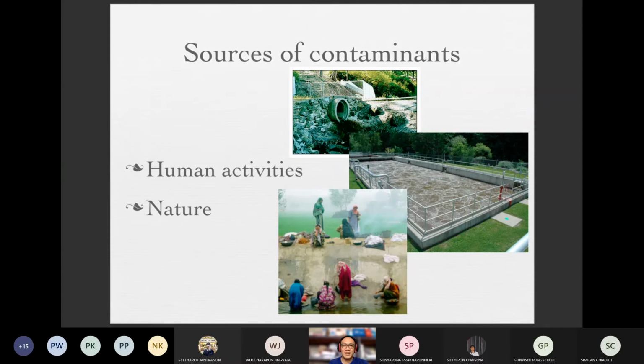For example, volcanic eruption, mudslides, landslides during the wet seasons, so that the river carries a lot of sediments along. So this kind of contaminant could actually be caused by nature, but contaminants caused by nature don't take much time to be removed by nature itself.